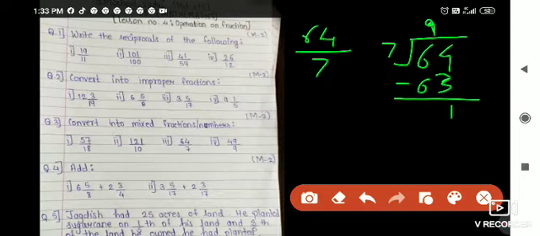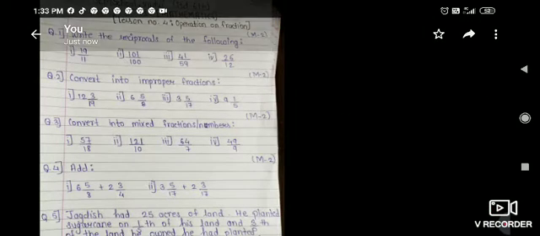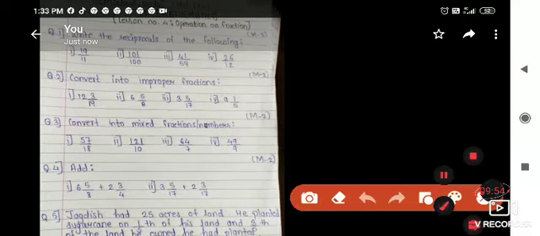So 64 upon 7 is equal to 9 integer 1 upon 7, is the answer of this question. Okay, and at last, note down this: 49 upon 9.